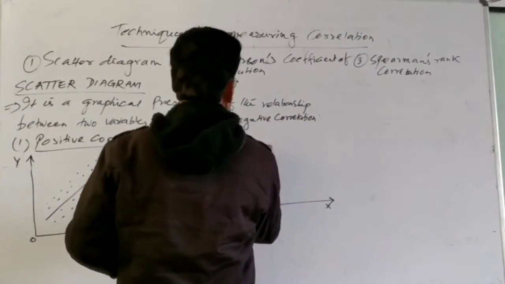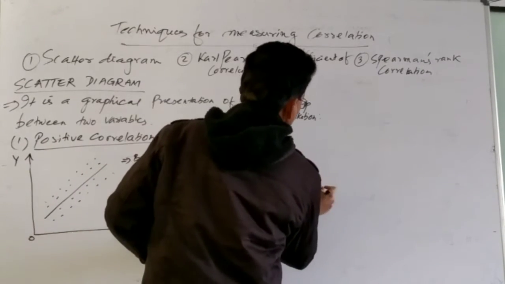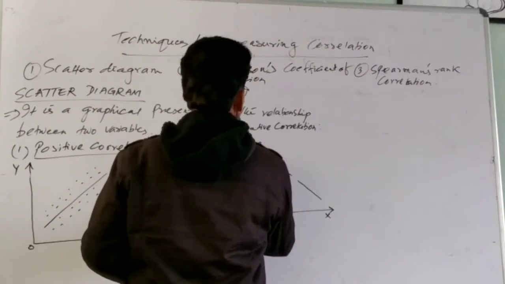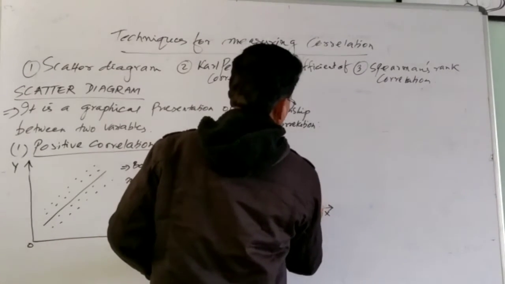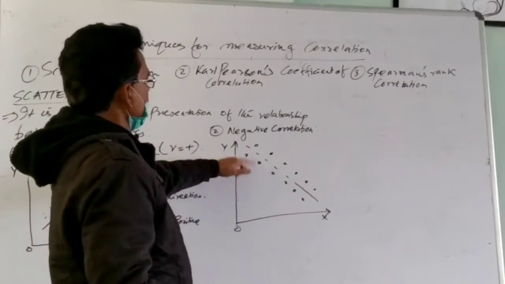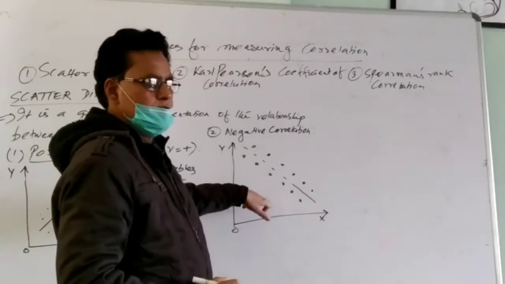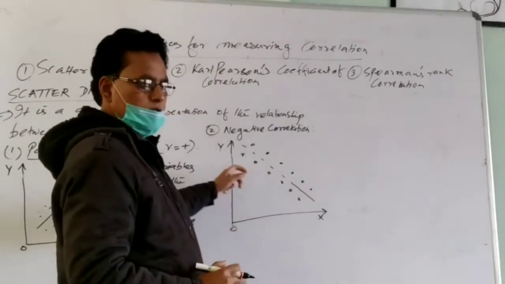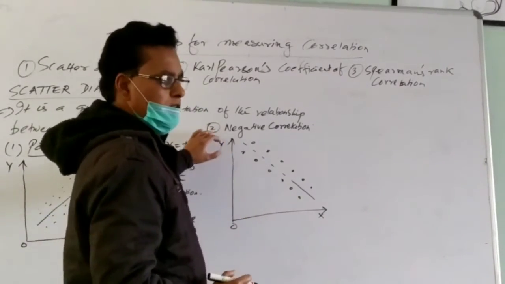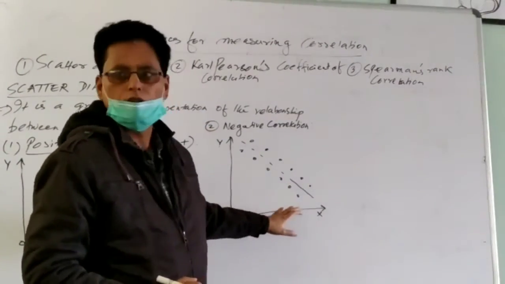In this case, the points will be like this. Here the different points are negatively sloped. Here the slope is negative.